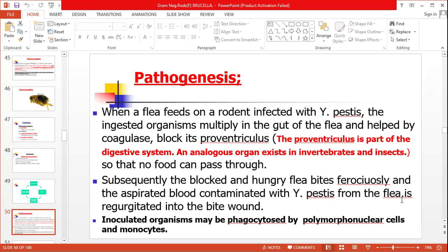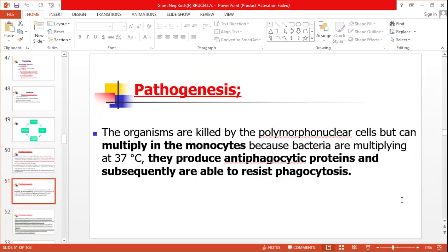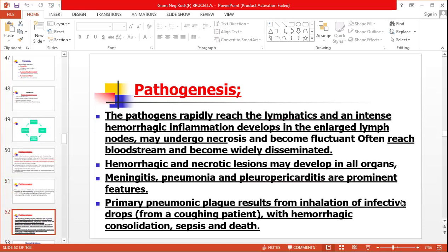Inoculated organisms may be phagocytized by polymorphonuclear cells like neutrophils and monocytes. Organisms are killed by the polymorphonuclear cells, but can multiply in the monocytes because the bacteria multiply at 37 degrees. They produce antiphagocytic proteins and are subsequently able to resist phagocytosis.